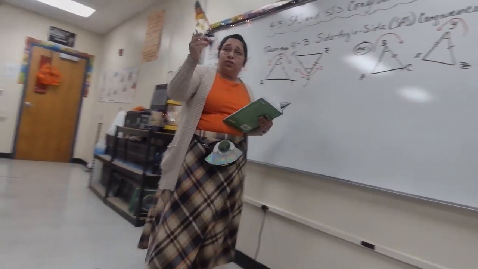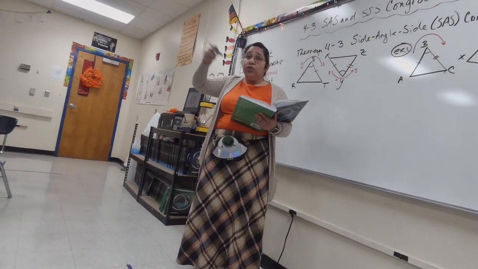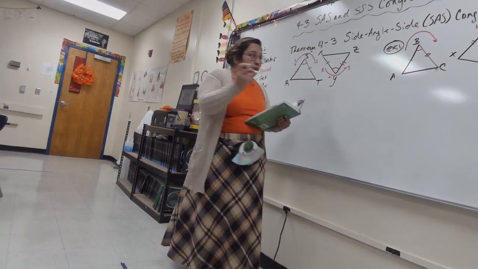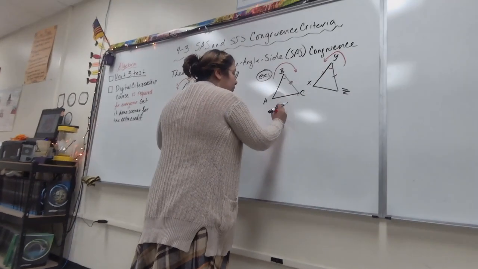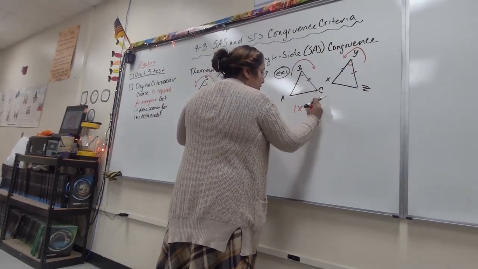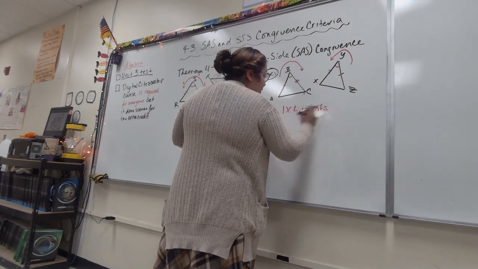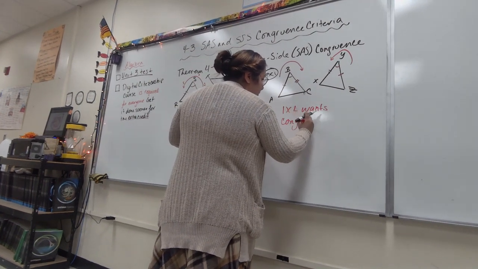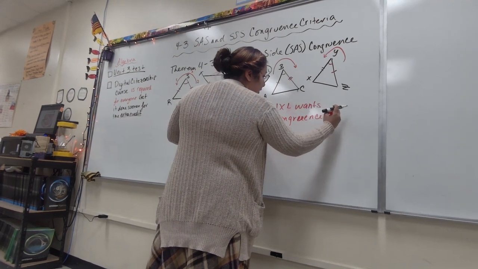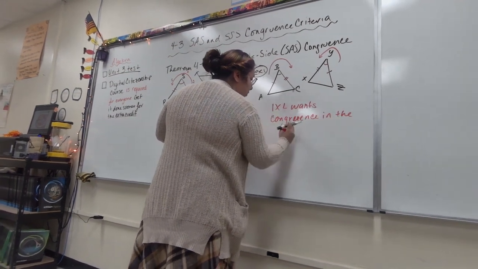We know it does because it's still going side angle side and it's still showing that they're congruent. But IXL's a little pickier. Okay, so IXL wants them both. IXL wants congruence in the same direction.